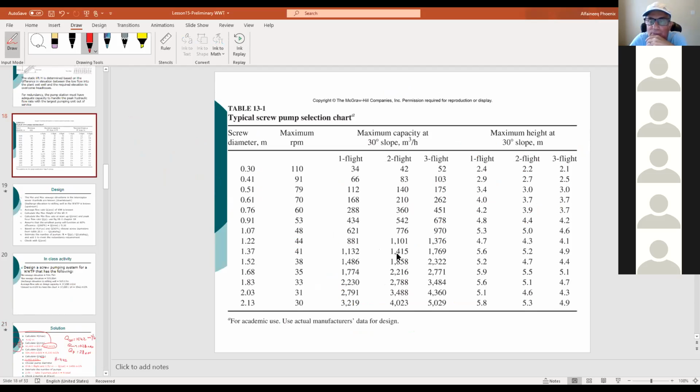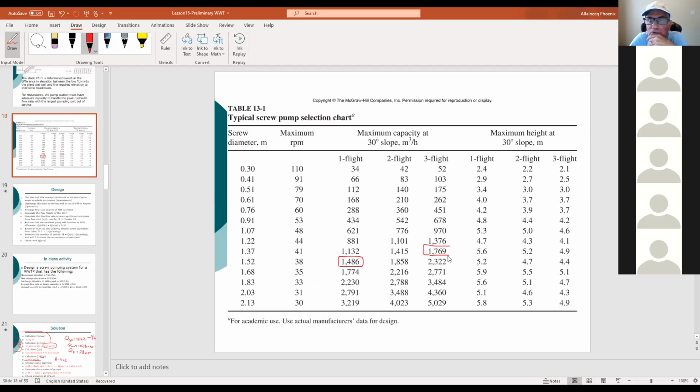Look, all these numbers up to here are less. This is much more than 1443. This is close. Is that correct? Yes. Maybe this is a better choice than this one.